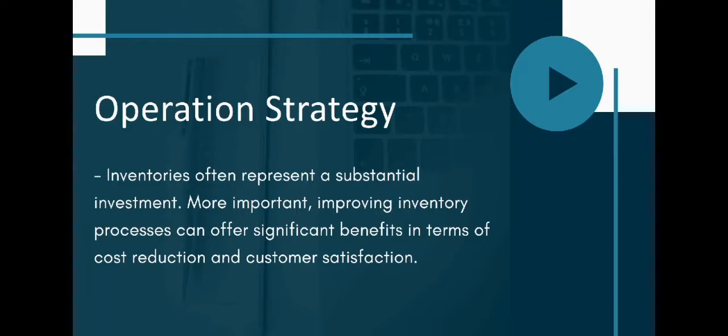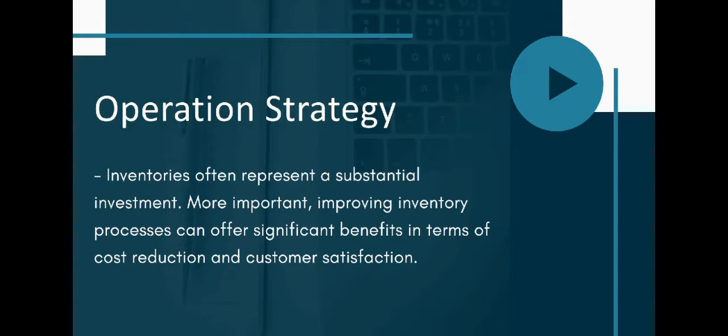The next is the operation strategy. Inventories often represent a substantial investment. More important, improving the inventory process can offer significant benefits in terms of cost reduction and customer satisfaction.